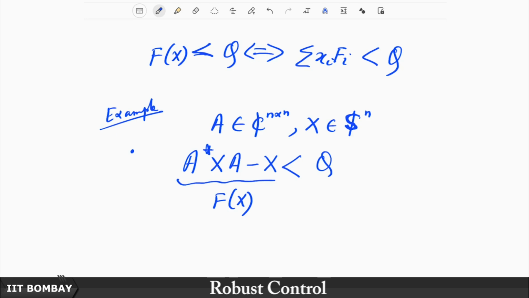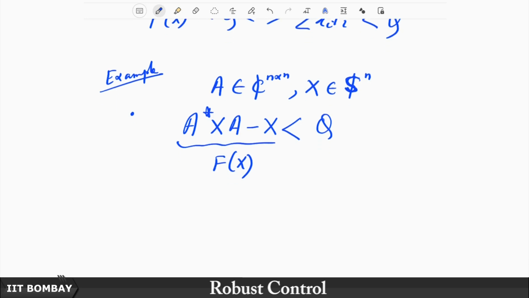That f of alpha x1 plus beta x2 is equal to alpha times f of x1 plus beta times f of x2. That's all that you need to check essentially. And of course you know that the space of real symmetric matrices is a vector space. So there's really nothing to check here. So this is an LMI.